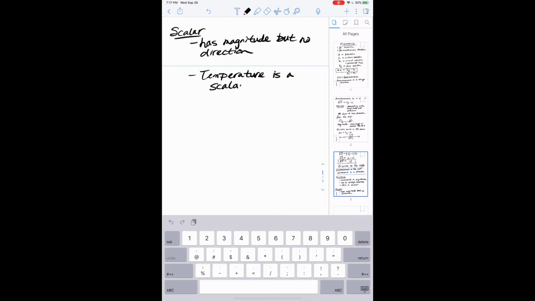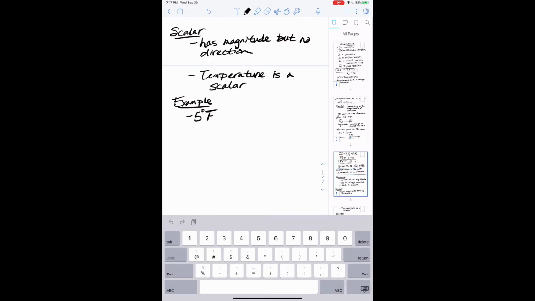Because it could be -5 degrees Fahrenheit outside. And you'd be like, there's a negative sign and there's a magnitude 5, so why isn't it a vector? So temperature is a scalar because it has magnitude but no direction.